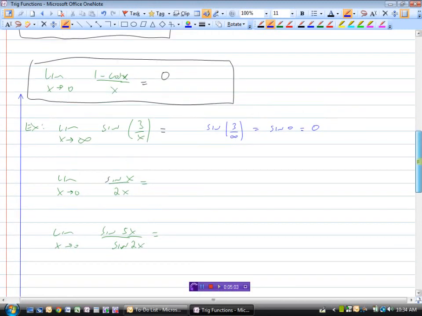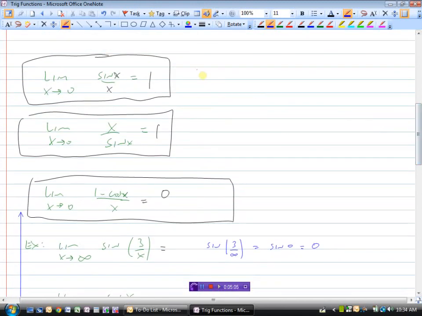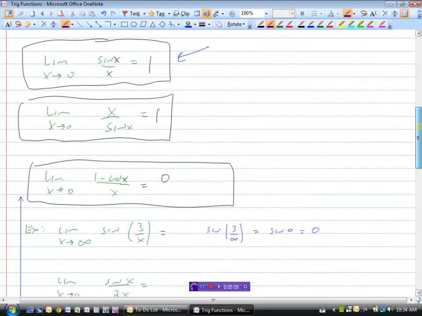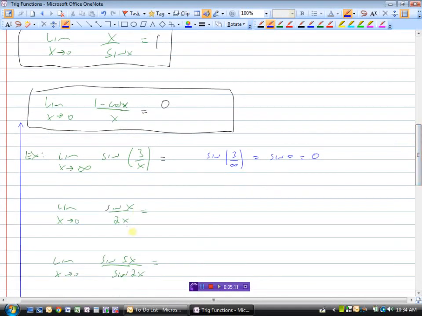The identity says the limit of sine x over x is 1. That one right there. We don't have sine x over x. We have sine x over 2x. So what we're going to do is write it like so. We're going to split it up into the limit as x approaches 0 of 1/2 times the sine x over x.